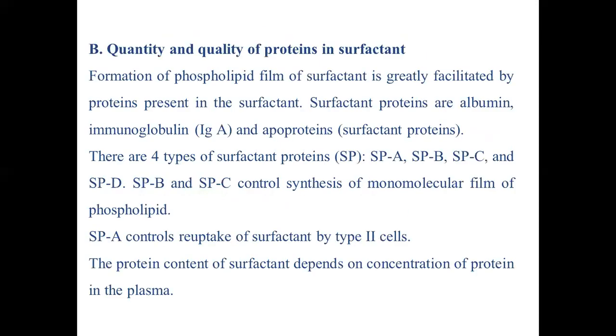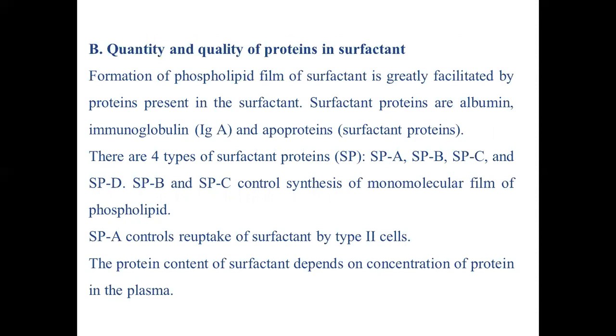Then the quantity and quality of proteins also regulate the synthesis. The formation of the phospholipid film of surfactant is affected by the proteins. The surface proteins are albumin, immunoglobulin, and apoprotein, so there are three types of proteins.